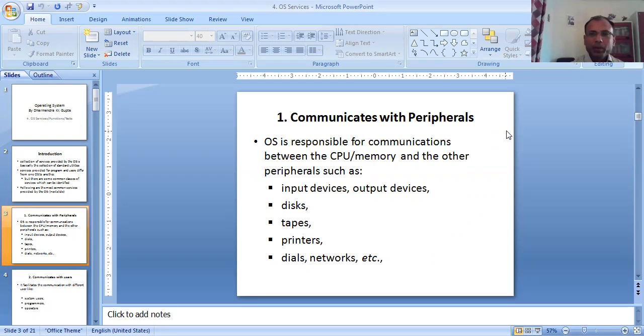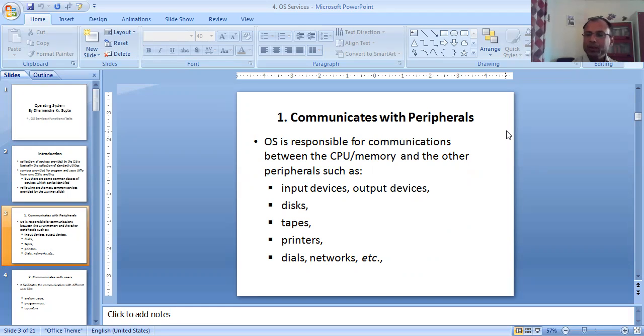A definition of the operating system, we have discussed that the operating system being the interface between the user and devices. It communicates. It means operating system communicates with the CPU or memory to the other peripheral devices.